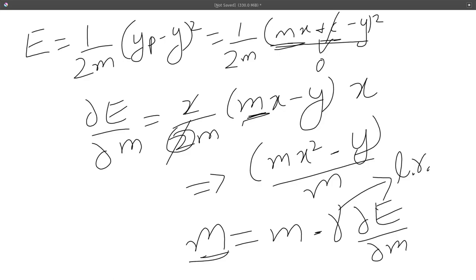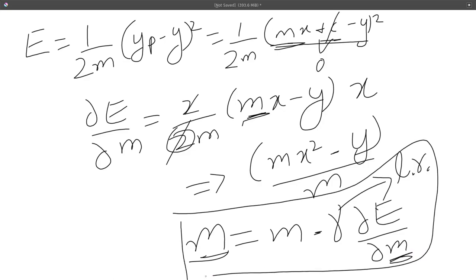Because we are trying to minimize the error with respect to m right now. So this is basically called the update function, and the value gamma here is the learning rate. So learning rate is the speed at which our function actually learns. Let's just take another moment and then we'll discuss what learning rate actually is.